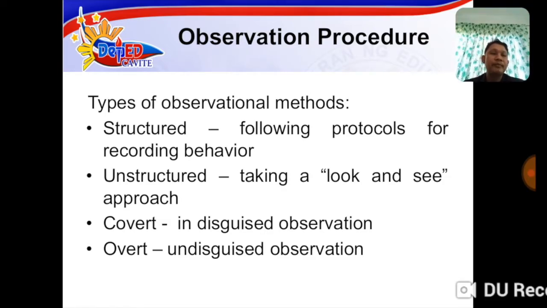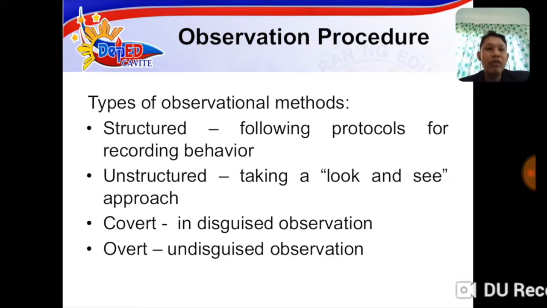When we say overt, it means the disguised observation. Everyone knows that they are being observed. For example, a researcher on Hindu weddings may explain his or her study to the wedding party and use a video camera to record the wedding.